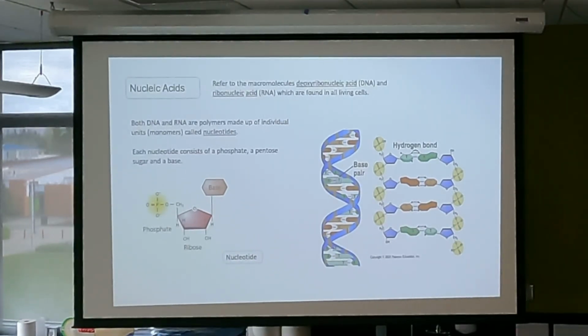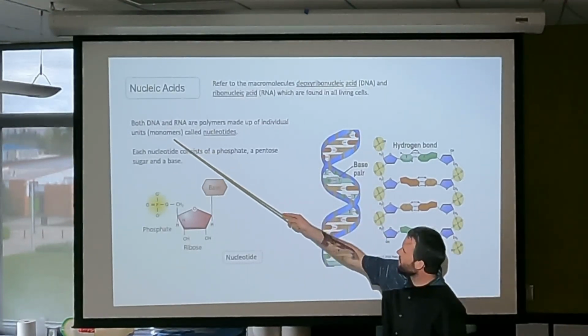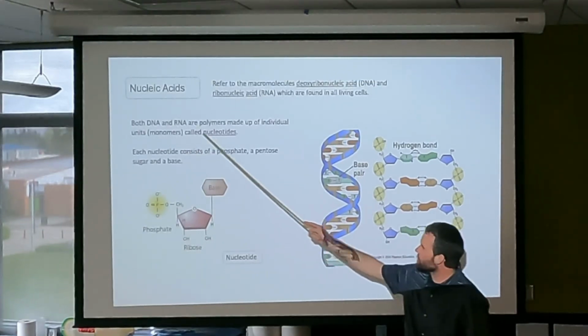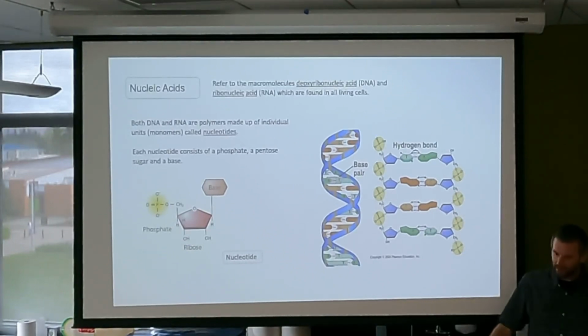These are molecules that are found in almost all living cells, both in the nucleus, and RNA can be found in the intracellular fluid. Both DNA and RNA are polymers, and they're made up of individual units. The individual monomers are specifically called nucleotides. Guaranteed quiz question right there.